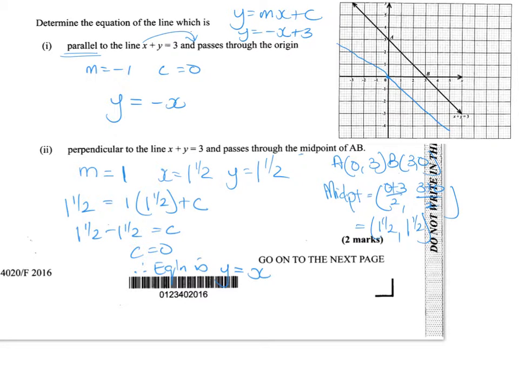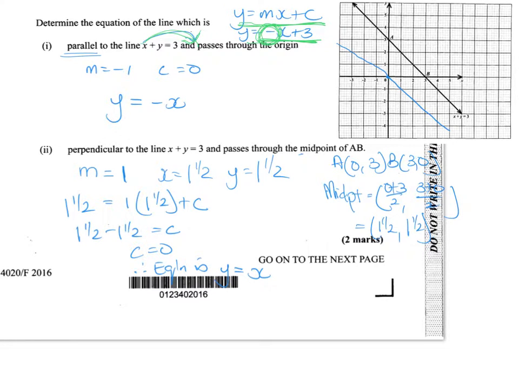Okay, so if we want to get the equation of the line that is parallel, we first have to put the line in the form y equal mx plus c. So we bring the x across, and it becomes minus x, so we get y equal minus x plus 3. So the gradient for this line is minus 1.